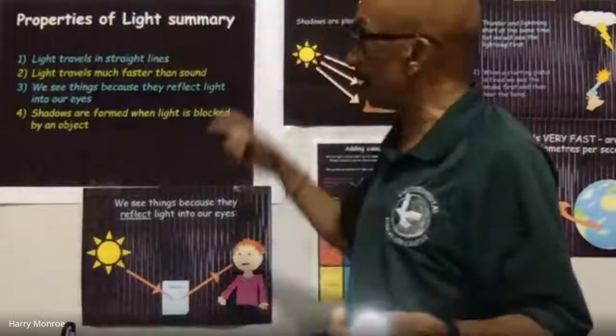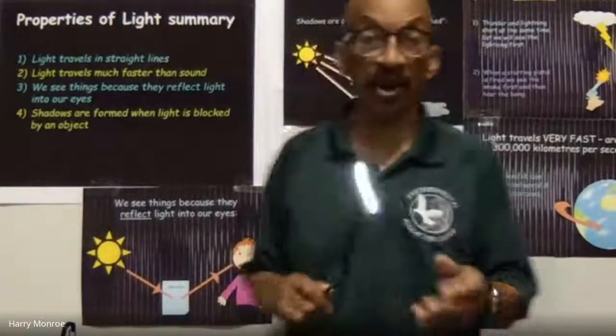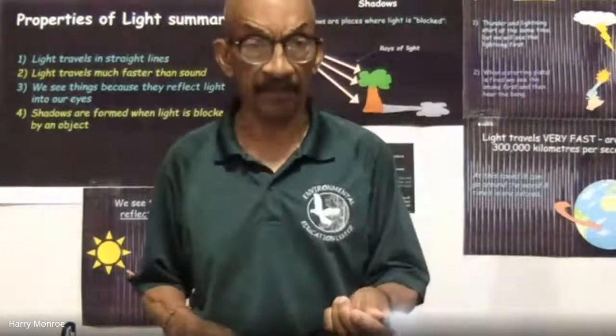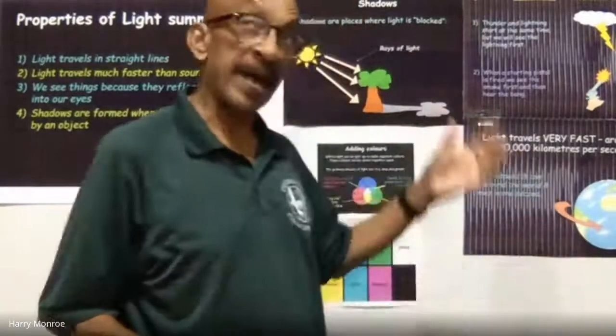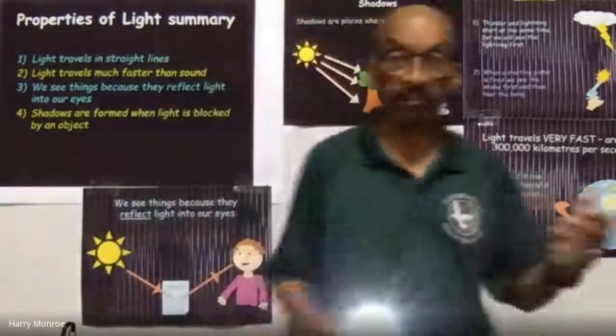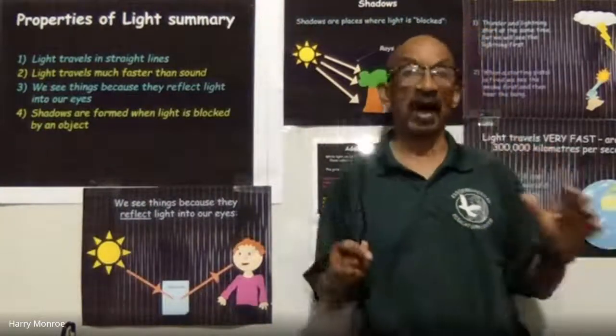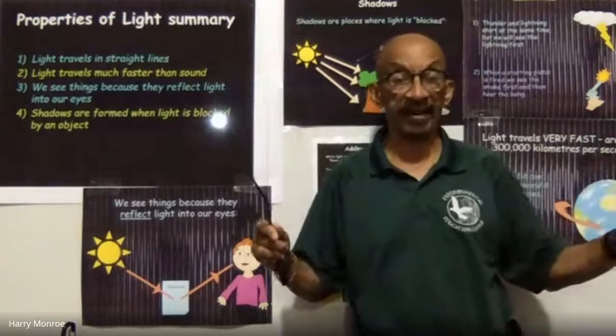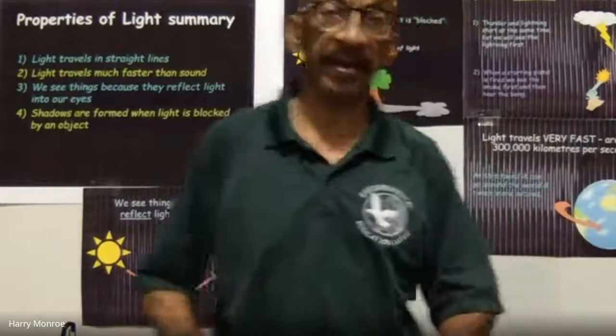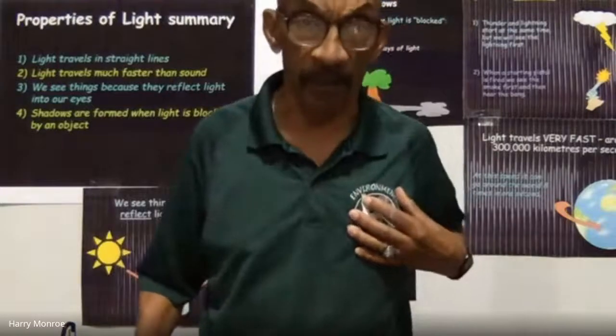Now, I want you guys to understand that when we see things, it's because those things reflect light, okay? When the lights were off in this lab, you guys probably couldn't tell what color my shirt was. But once I filled this lab with bright light, guess what? You recognize that I had a green shirt on with a white logo.